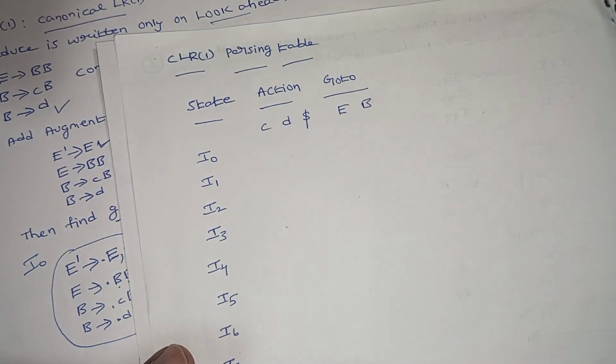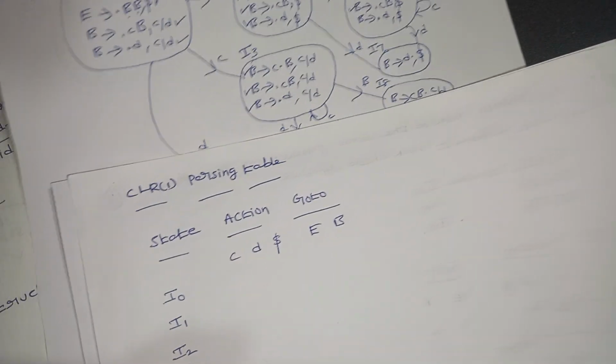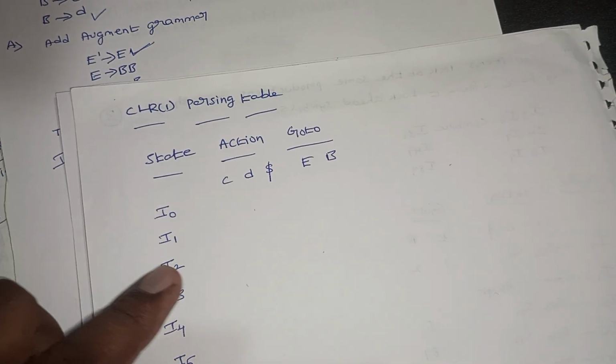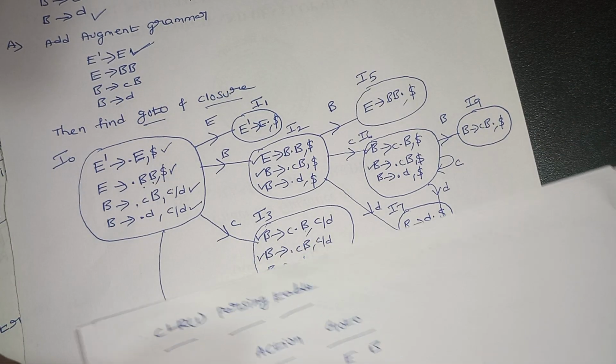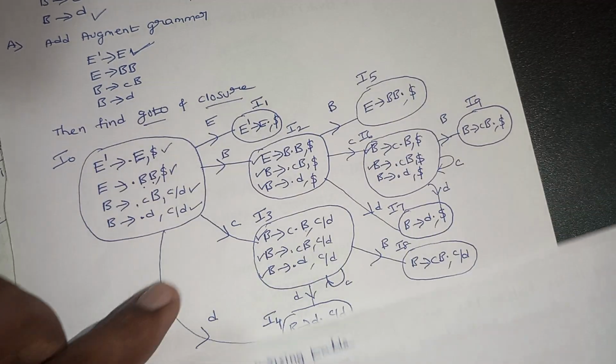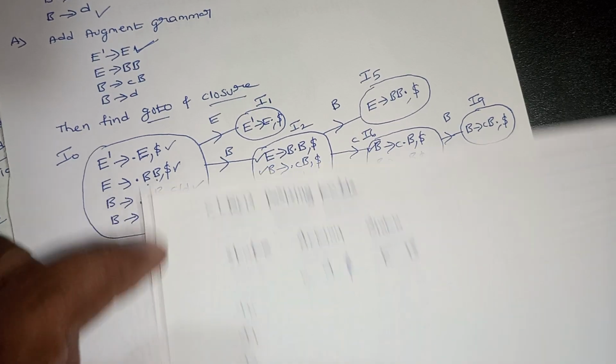Now, using goto and closure, what do I have to fill? I have to fill the I0 row. Tell me what is I0 on small c? It is S3, write S3.